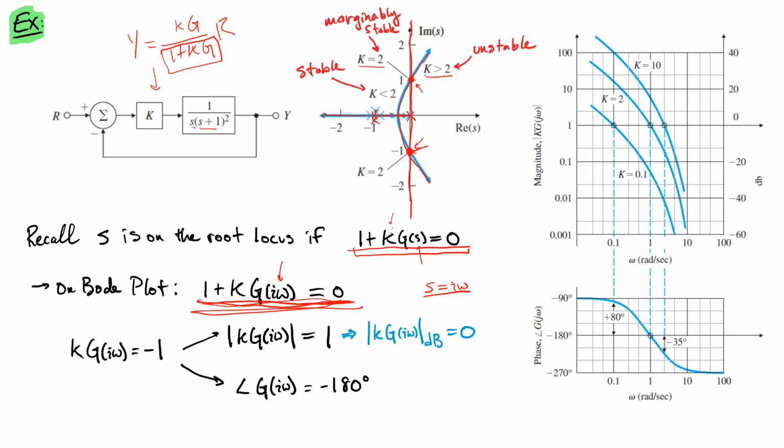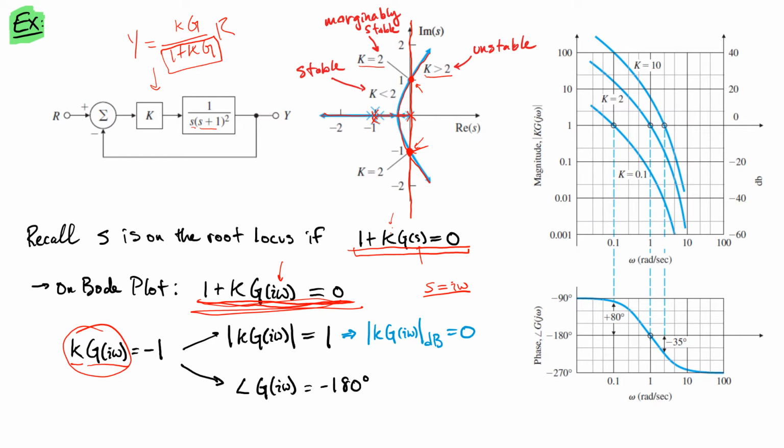If we rearrange that, we can see that it also says that the gain k multiplied by the transfer function evaluated at i omega along the imaginary axis is equal to -1. One way of interpreting that statement is that the magnitude of this quantity is 1, and the phase is 180 degrees plus a multiple of 2 pi.